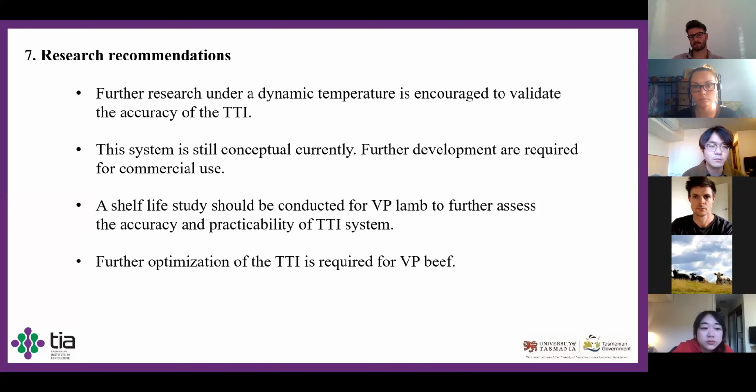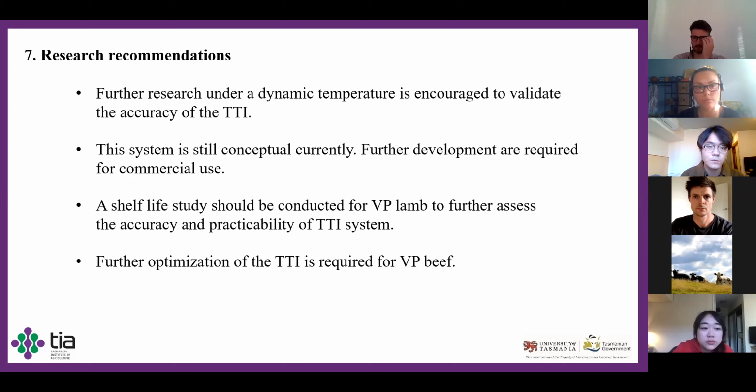Here are some of my research recommendations for further experiments. First, because our experiment is under a constant temperature, a dynamic temperature experiment is encouraged to validate the accuracy of this TTI.